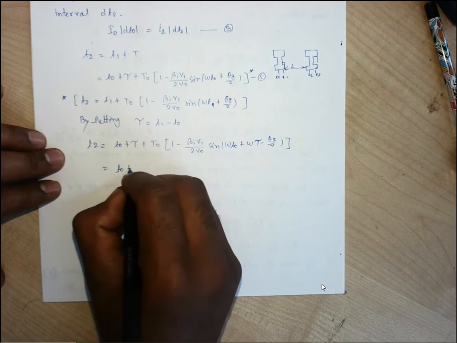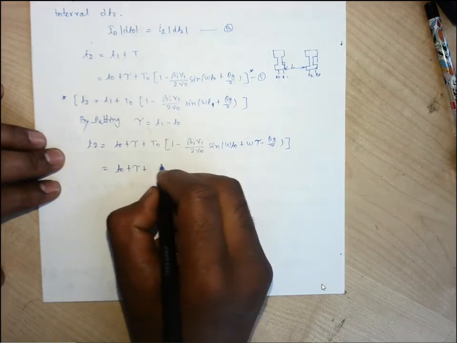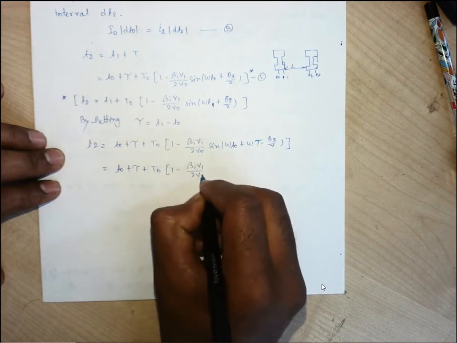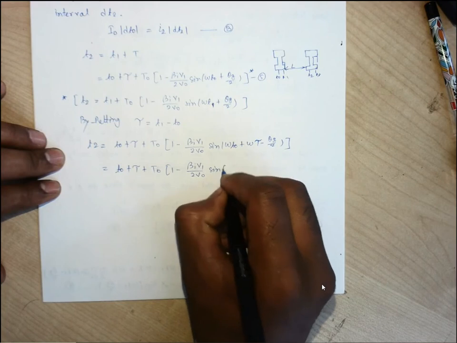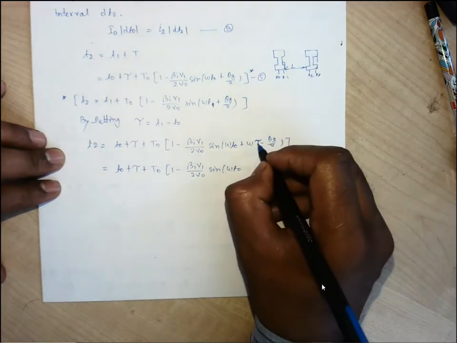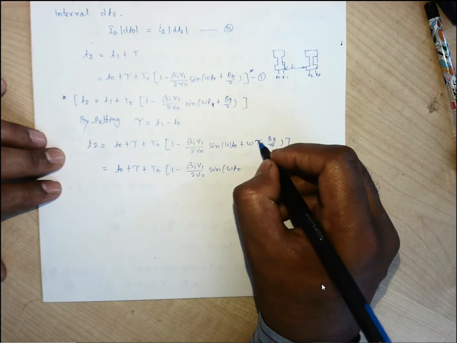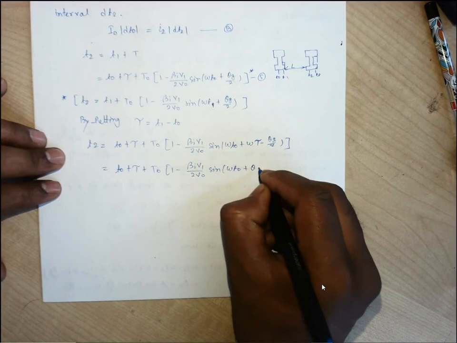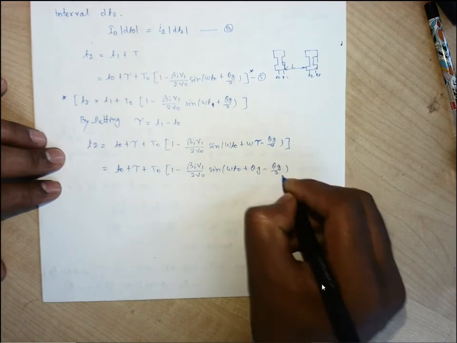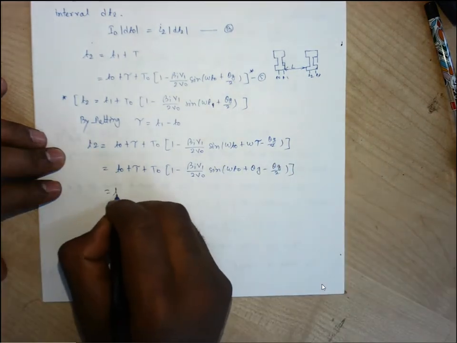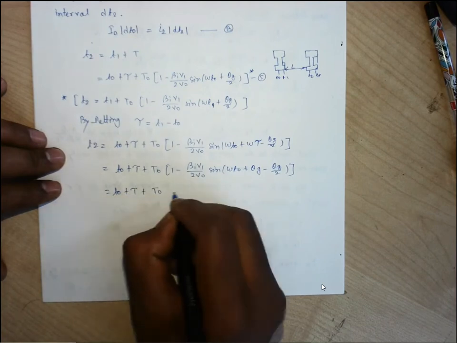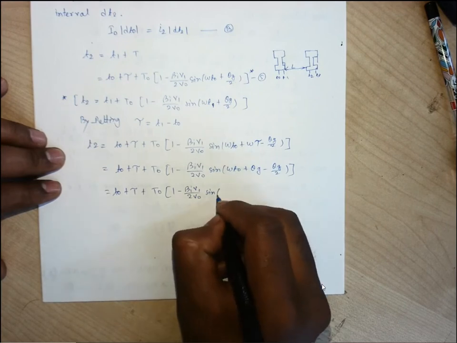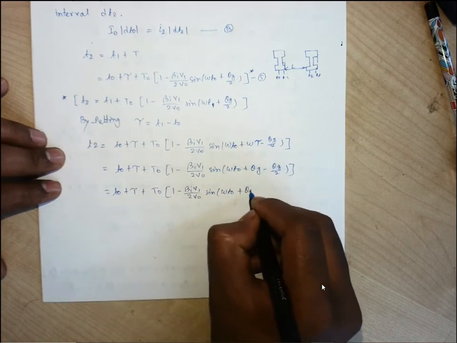So t naught plus tau, that is t naught, beta i V1 by twice V naught sin omega t naught. So what is this omega tau? That is the transit angle in the Buncher cavity gap, that is theta g. Therefore t naught plus tau is t naught, beta i V1 by twice V naught sin of omega t naught plus theta g by 2.